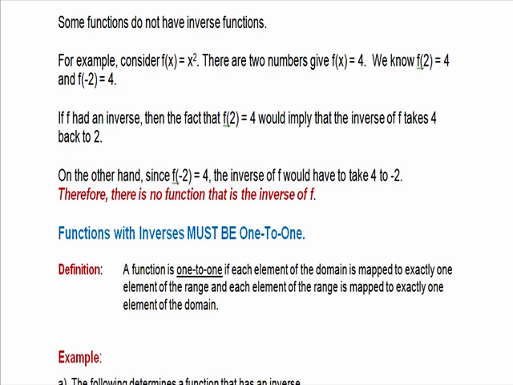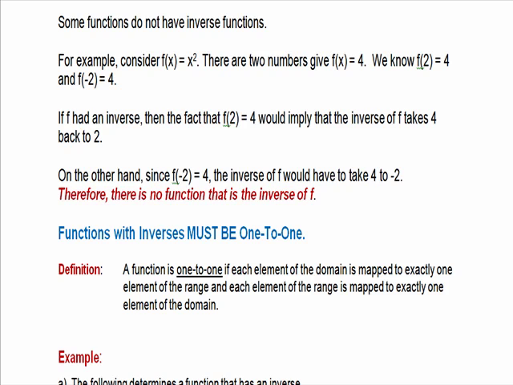We have output numbers that have more than one corresponding input number. If f had an inverse, then the fact that f at 2 equals 4 would imply that the inverse of f has to take the number 4 back to 2. And what we know is it doesn't, that the number 4 could go back to 2 or it could go back to negative 2. So technically, f at x equals x squared has no formal inverse.